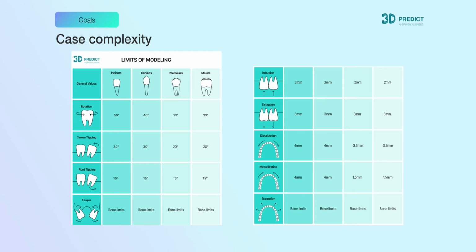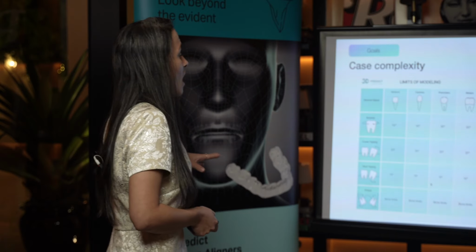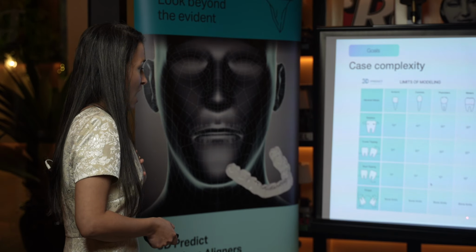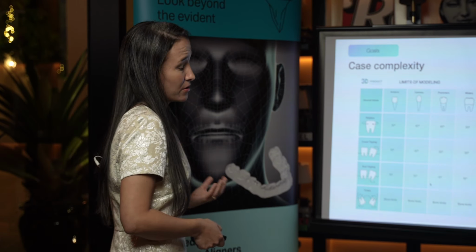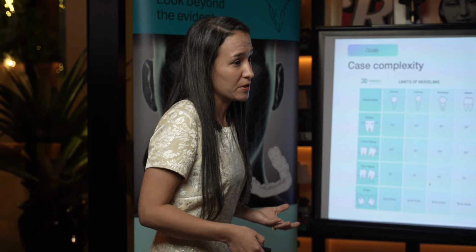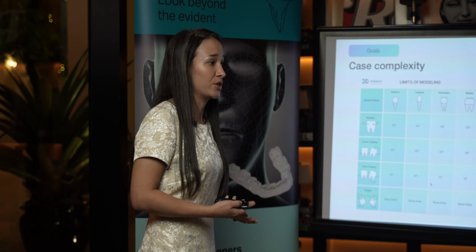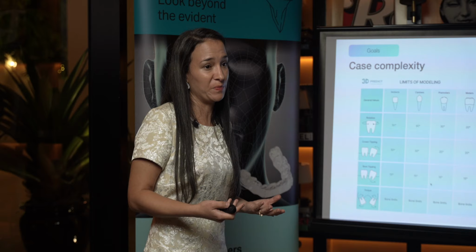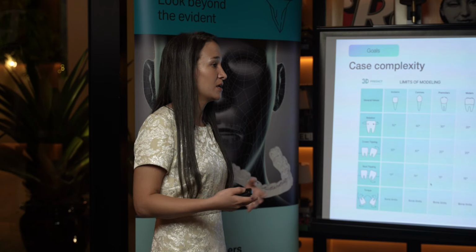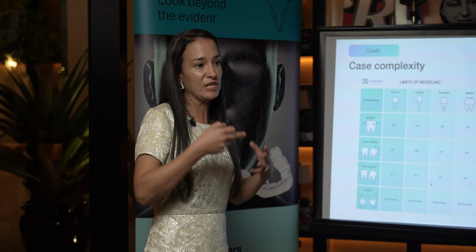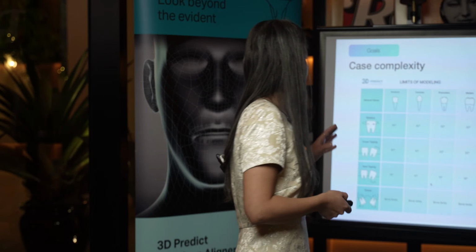And that brings us to case complexity. This is very useful when you have some ideas of what you may need in cases. I want to point out that our limits are bigger than other aligner limits, just because we take heavily into consideration the anatomical boundaries of your patients, and also biomechanics, center of resistance, where the apex is, et cetera.